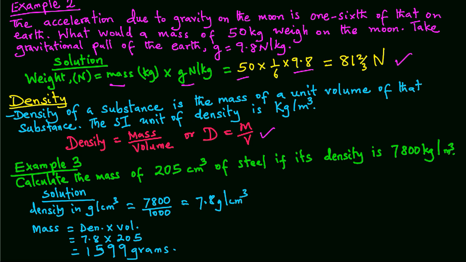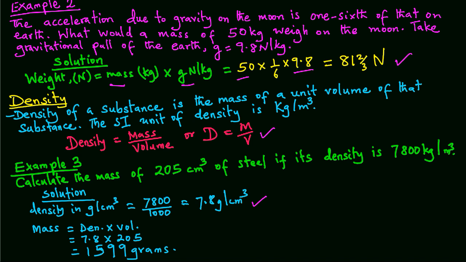Since the volume is given in cubic centimeters, we change our density from kilograms per cubic meter to grams per cubic centimeter. So that would be 7,800 divided by 1,000. So we have 7.8 grams per cubic centimeter.